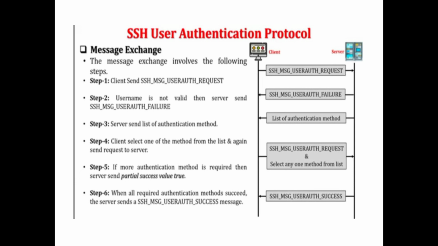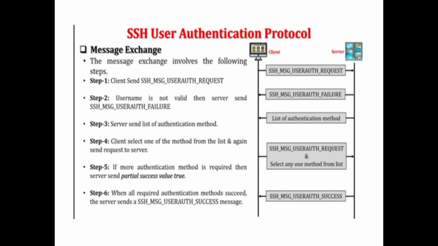SSH user authentication protocol message exchange. The message exchange involves the following steps. It has six steps. In the first step, the client sends SSH_MSG_USERAUTH_REQUEST. In the second step, if the user name is not valid, then the server sends SSH_MSG_USERAUTH_FAILURE. Step 3, the server sends a list of authentication methods.